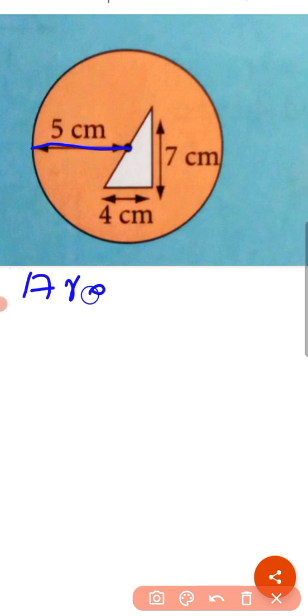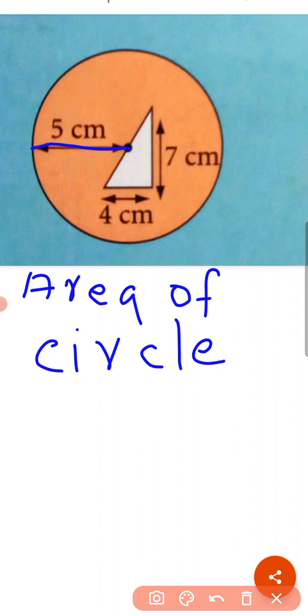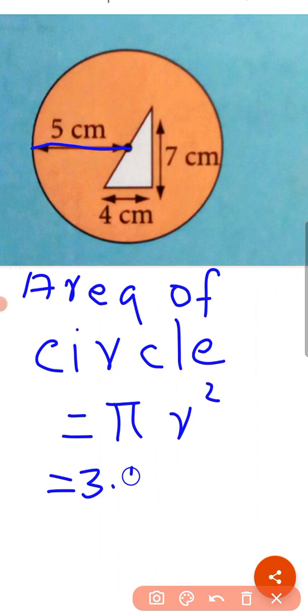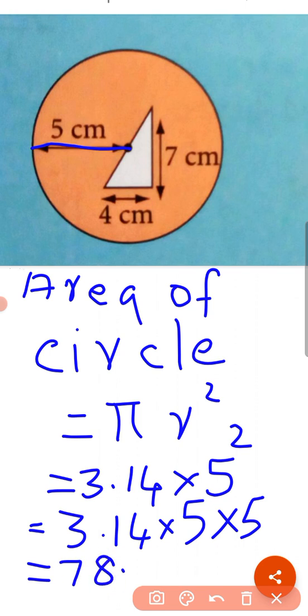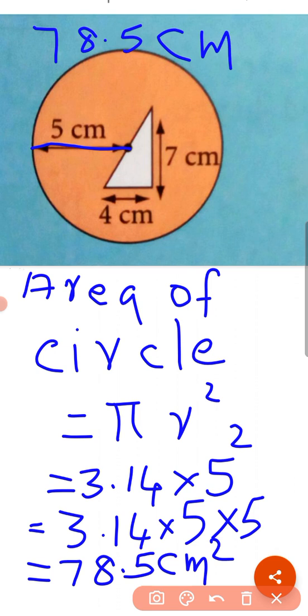Area of circle is equal to pi r square, which is equal to 3.14 into 5 squared, which is equal to 78.5 centimeter square. That is the area of the circle.